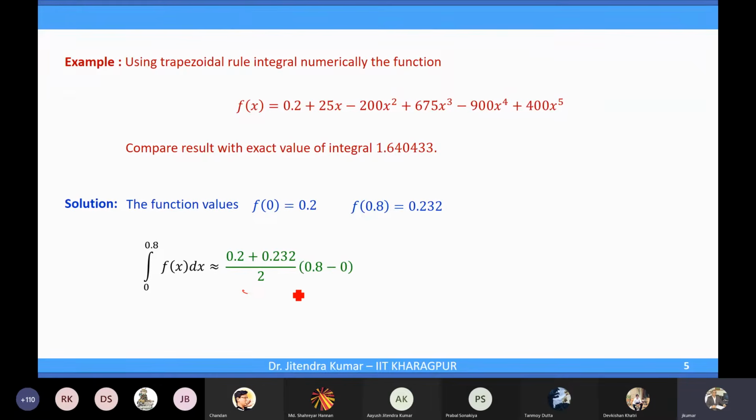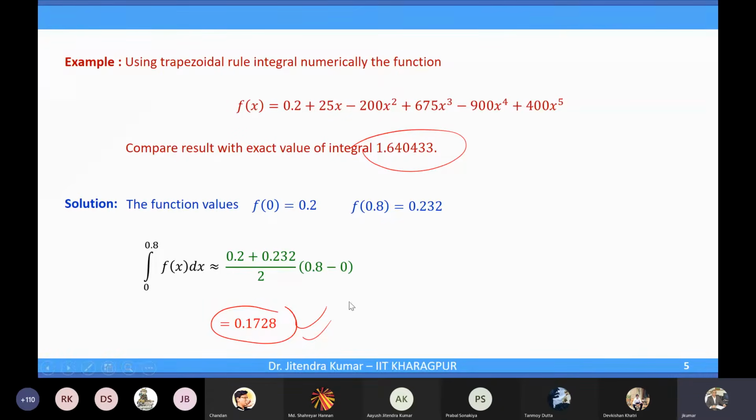Divided by 2, and this 0.8 minus 0, and the value is 0.1728. Naturally, you can see that this approximation is a very bad approximation, because the actual value of this integral is 1.640433. So this is a very bad approximation.